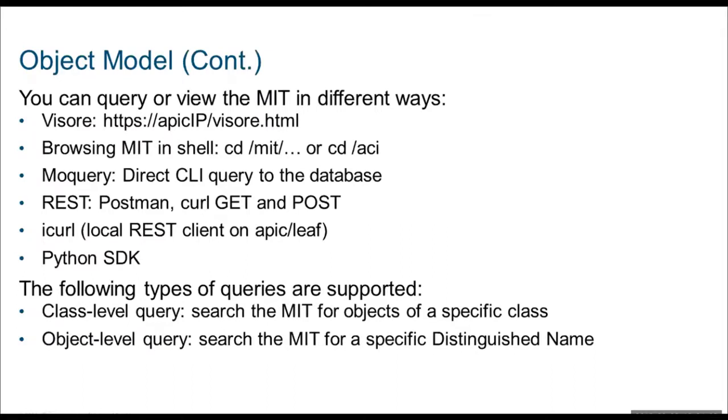Launch it. You can either type in a distinguished name, or, if you don't know the name, type in a class. Don't know the class? Verify it in the GUI. Command line is a little difficult to verify the name of a class or name of an object. So you do have Visore.